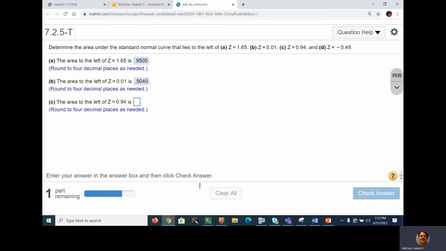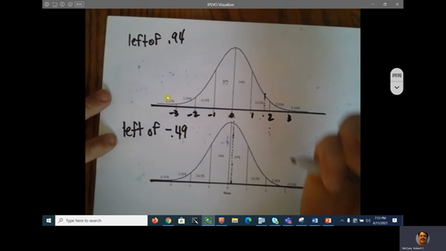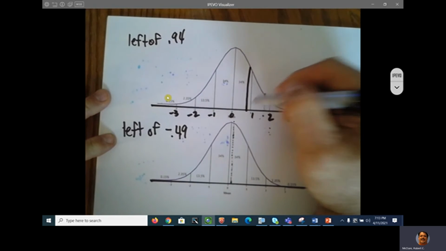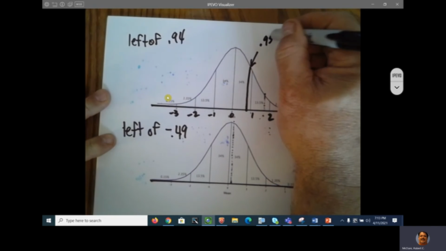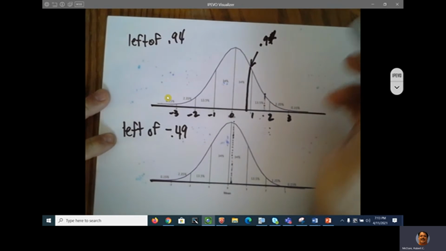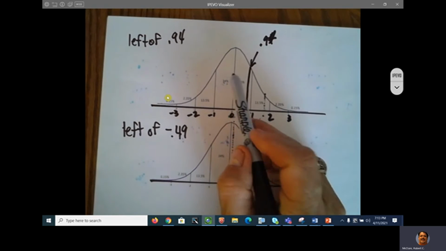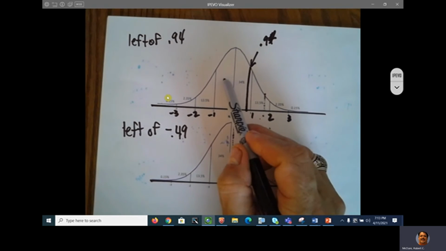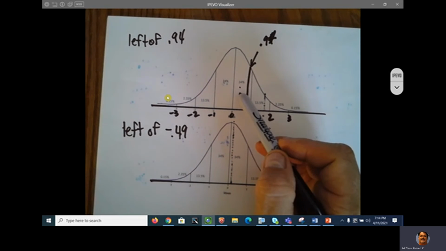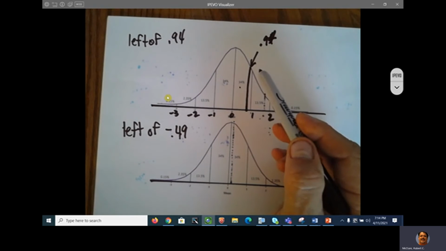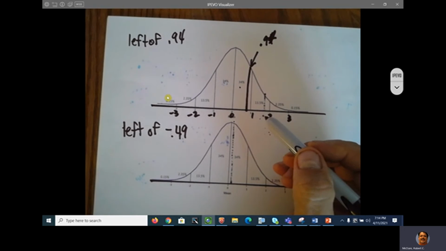Left of 0.94. Well, 0.94 is going to be right in here. This is 50, and 50 plus 34% is 84%, and you're taking off a little bit.